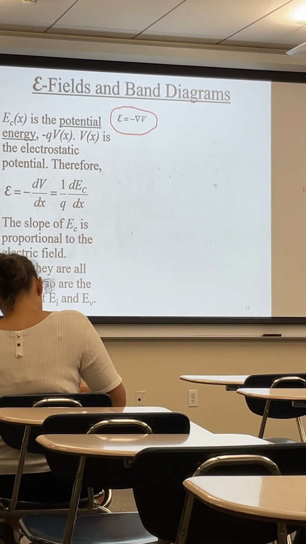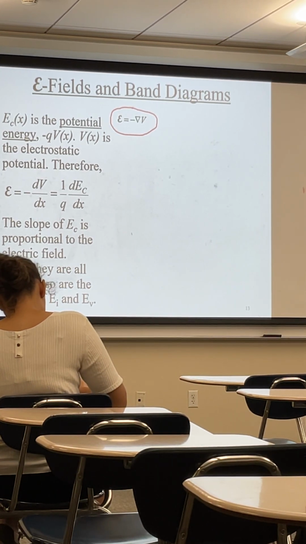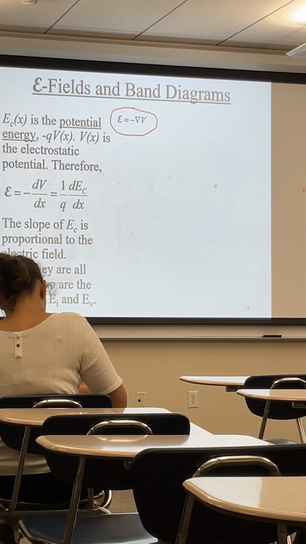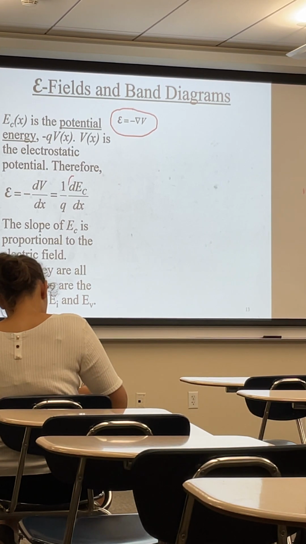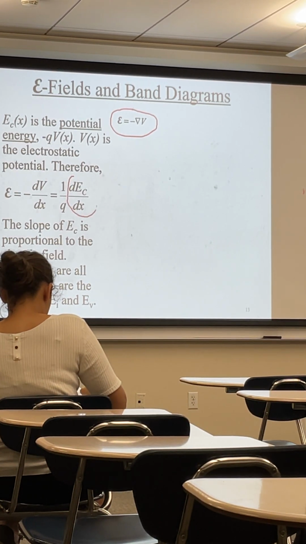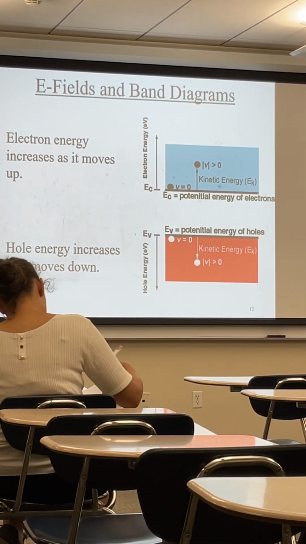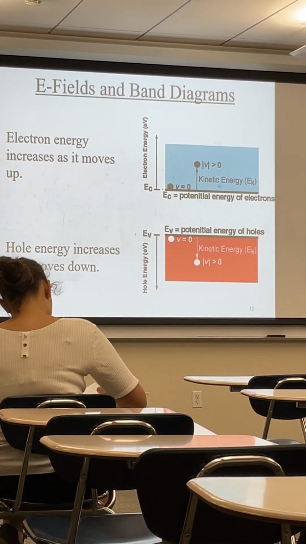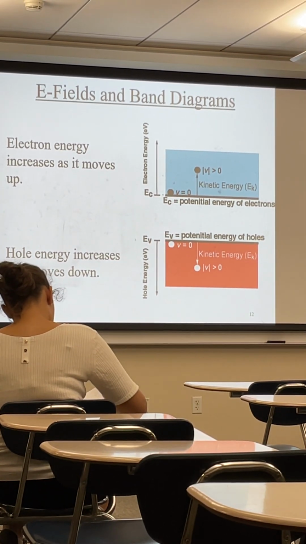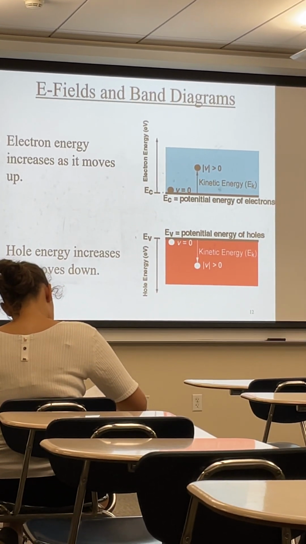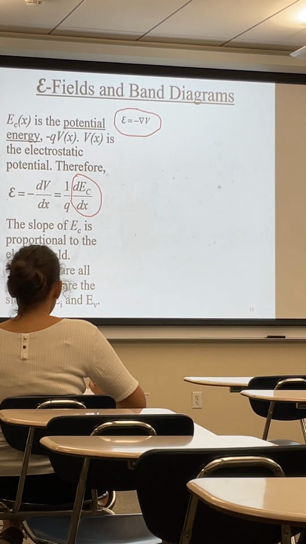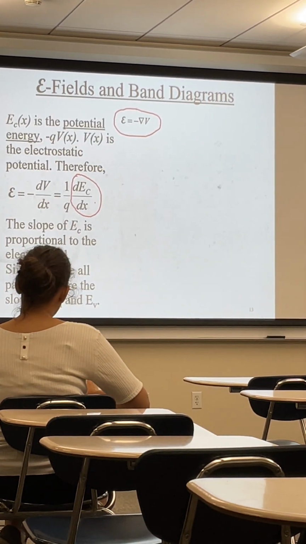This is the slope of EC. Of course, if you look at this figure here, EC is constant, which means the slope is 0, and in this case the electric field is 0.